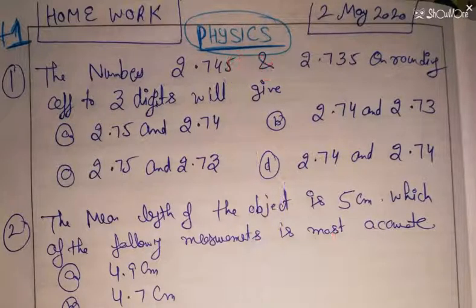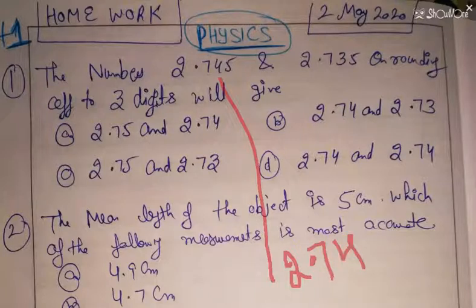So in this question, after 2.75, I have to check this value. This value is 5. Now I have to check its earlier value, that is 4. 4 is even here, so this value will remain 2.74.